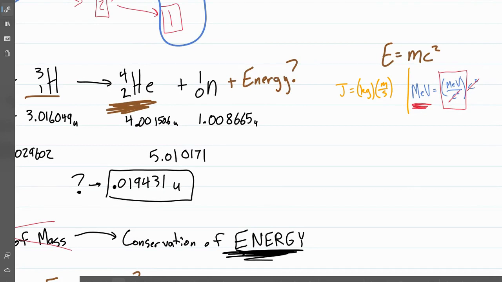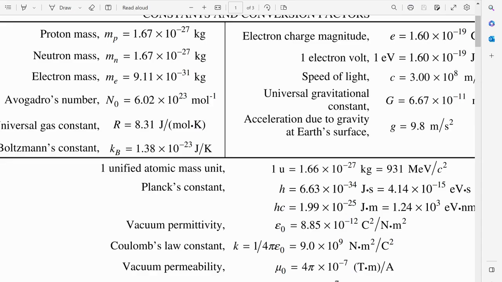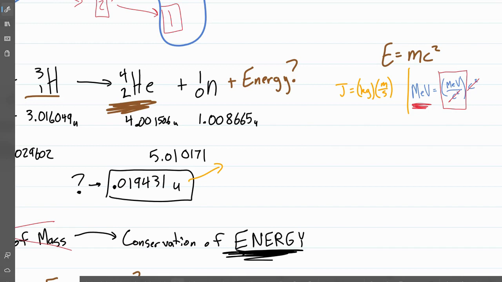So 0.019431 U's, if we were to take that and turn it into joules, I'll use my orange for joules. 1 U is equal to 1.66 times 10 to the minus 27 kilograms. So I take however many U's there are and multiply by 1.66 times 10 to the minus 27, and that gets us in kilograms.